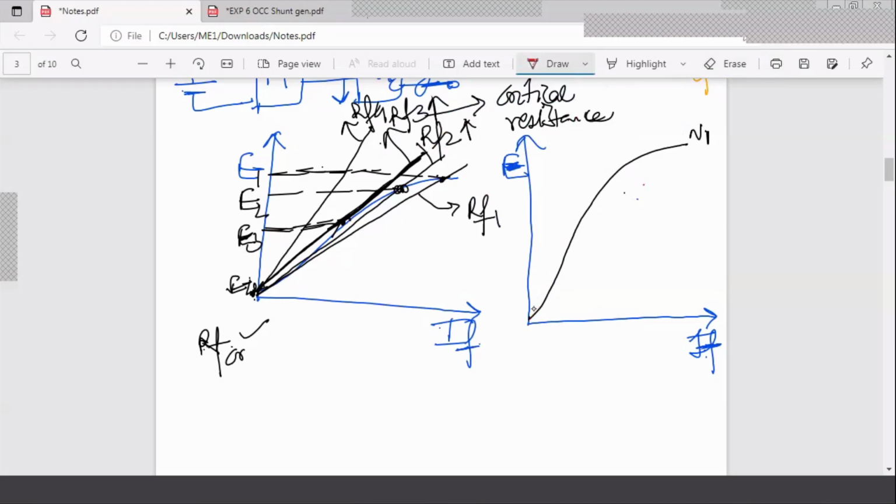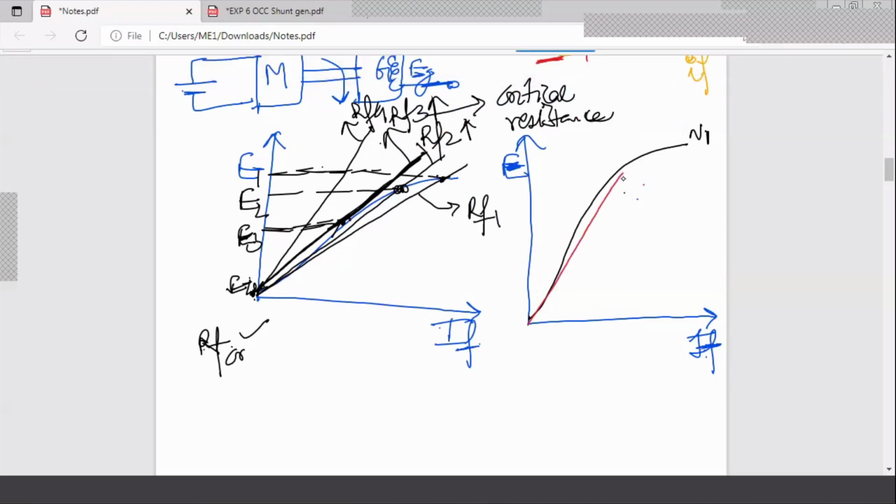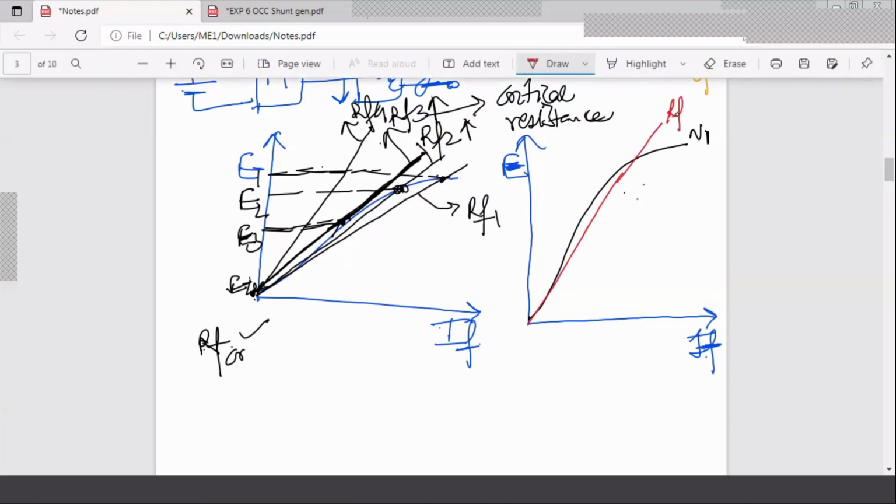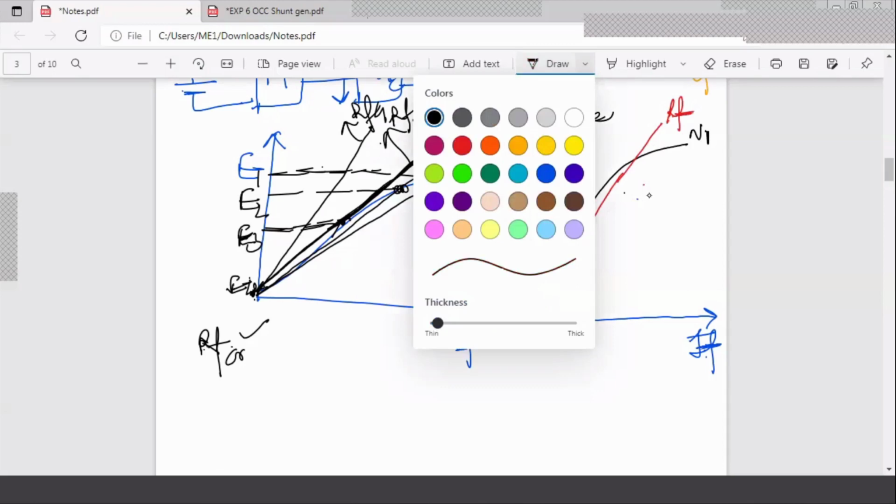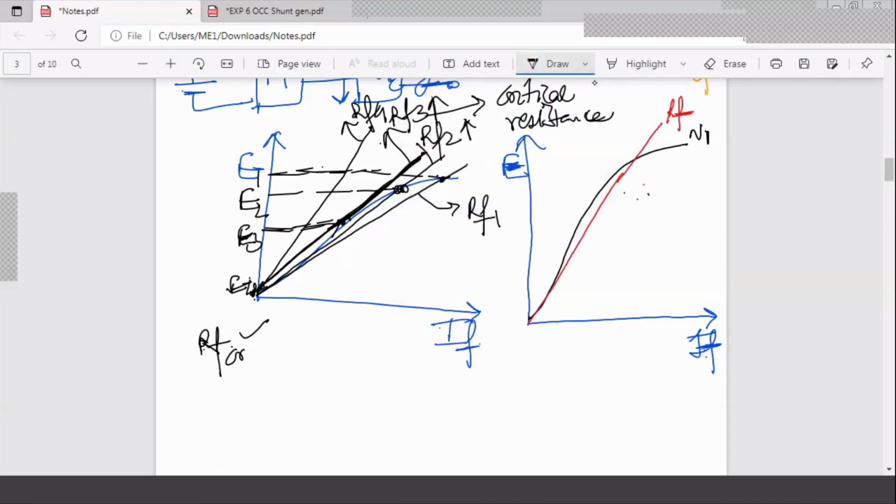So as per this, we are having a line like this. Some resistance RF is there. That is fixed. The field resistance in the winding is now fixed. But now the speed at which I am rotating the machine by the prime mover has gone low. What will happen?